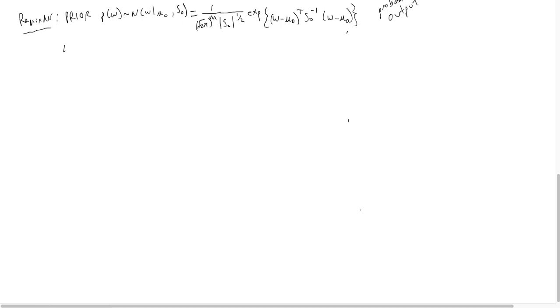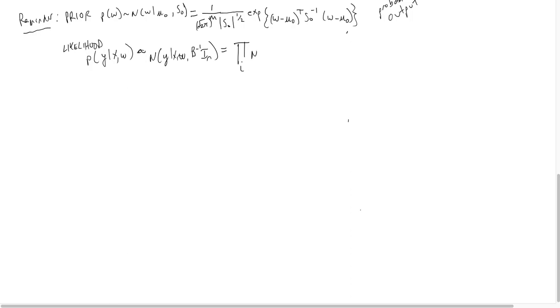And let's also write out the likelihood a little bit more explicitly. Probability of y given x, w, and we said that that's also normal. Y given x, w, beta inverse, remember the identity matrix. And let's first write it out as the product over all the points.